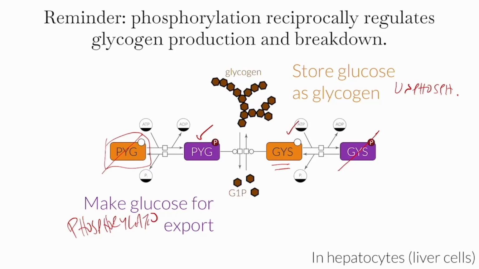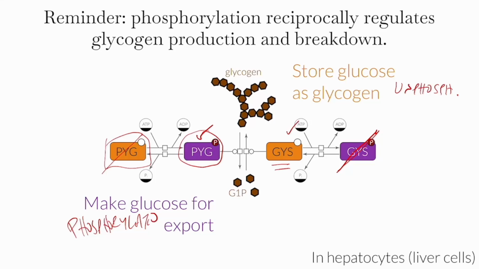Sorry, I said that backwards. So many things to keep track of here. Phosphorylation activates glucose for export, and it does so by activating glycogen phosphorylase and deactivating glycogen synthase. So this phosphorylation switches both, saying break down glycogen and stop making glycogen.